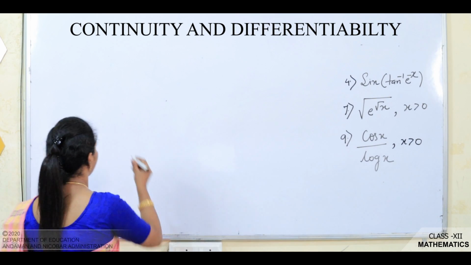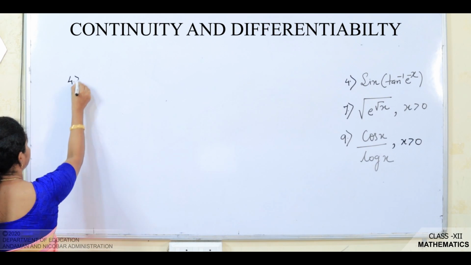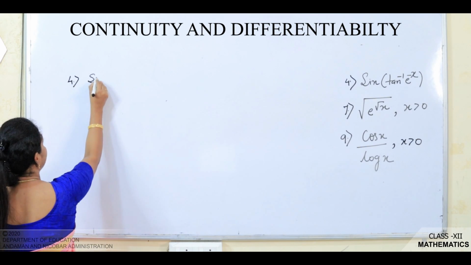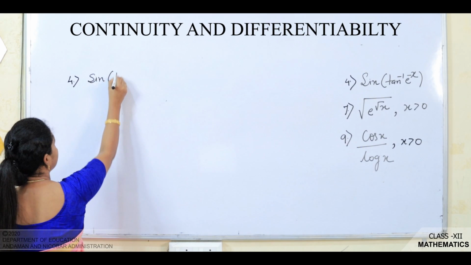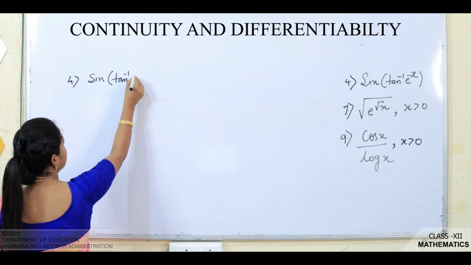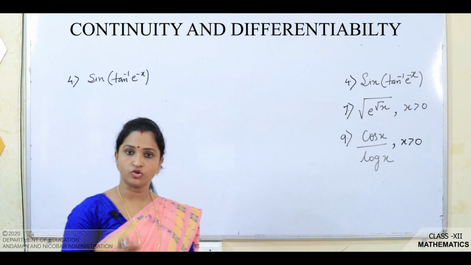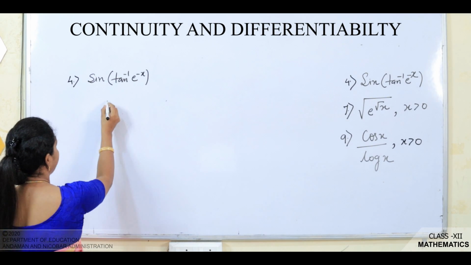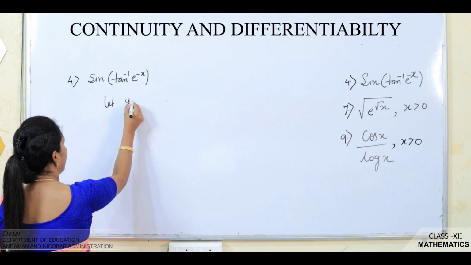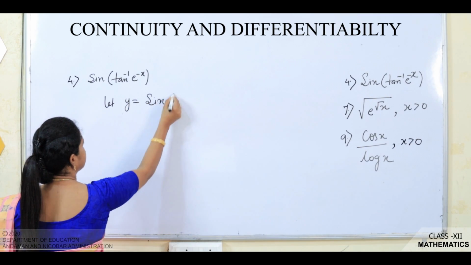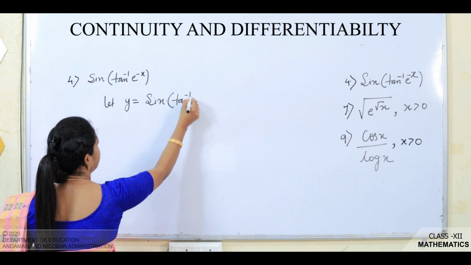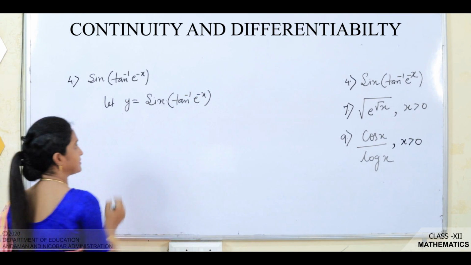Now when you see the fourth question, you have to differentiate sine tan inverse e to the power minus x. Sine tan inverse e to the power minus x. So let y is equal to sine tan inverse e to the power minus x.